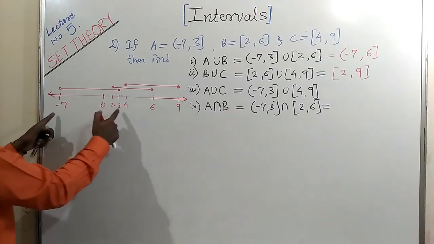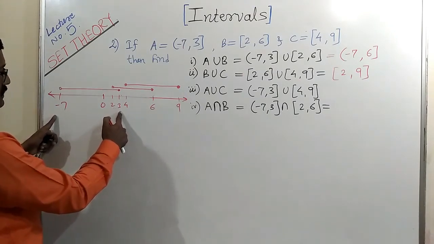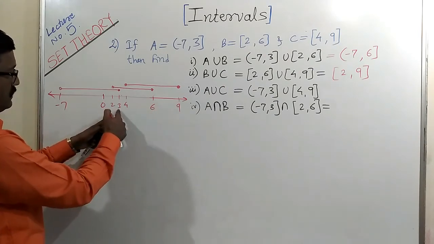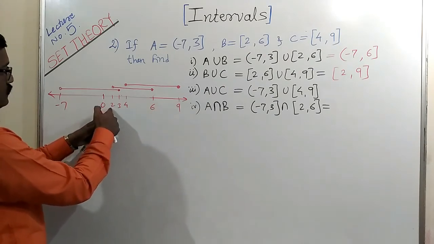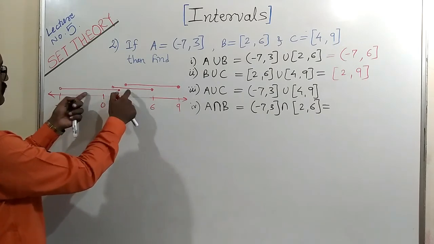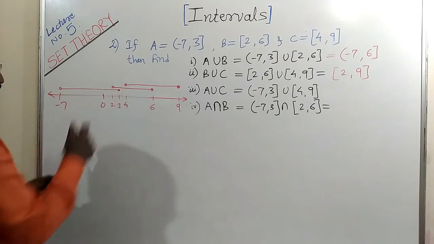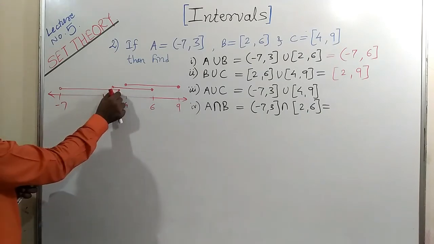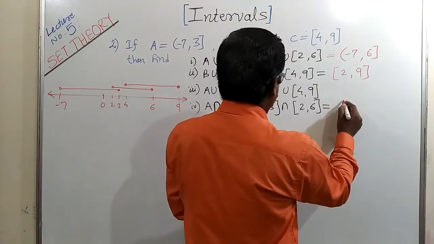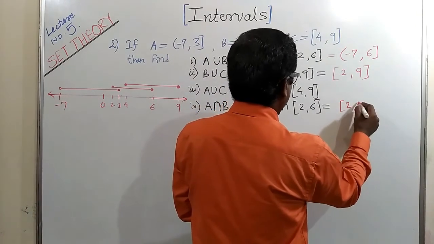Here minus 7 to 3 is one segment, and this is 2 to 6 close. Here is close 3, here is close 2 and close 6. So the common part between these two segments is 2 to 3. This portion is common to both segments, so this one is close 2 to 3.